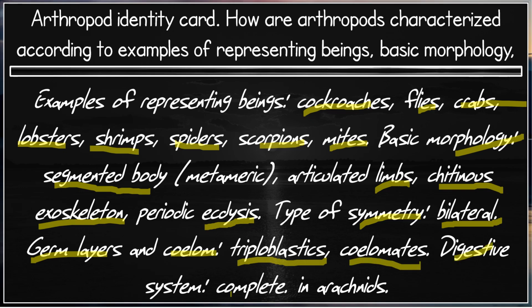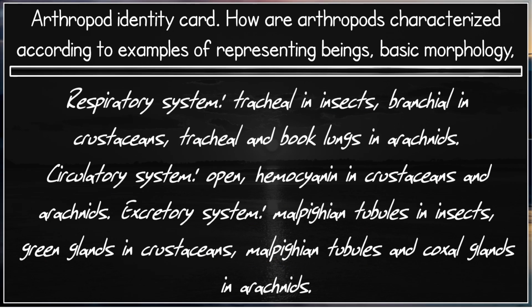Digestive system is complete. Respiratory system is tracheal in insects, branchial in crustaceans, tracheal and book lungs in arachnids. The circulatory system is open. We have hemocyanin in crustaceans and arachnids.